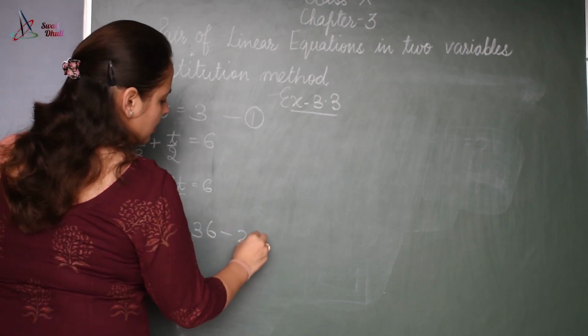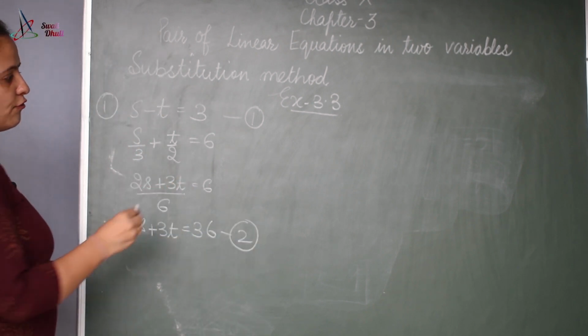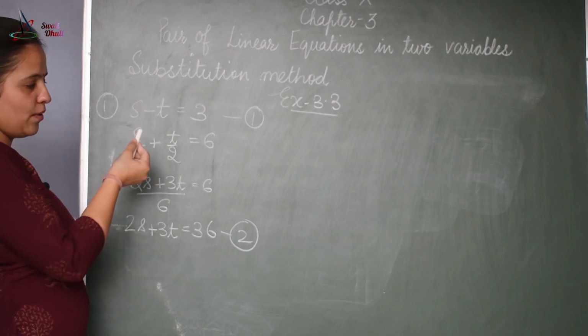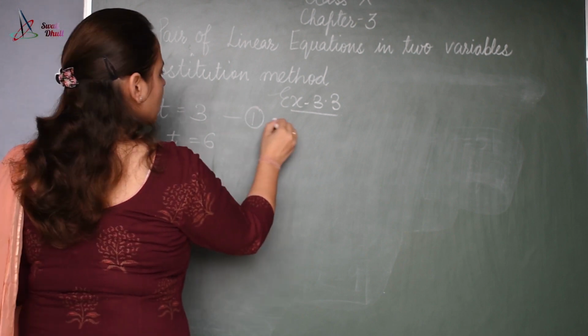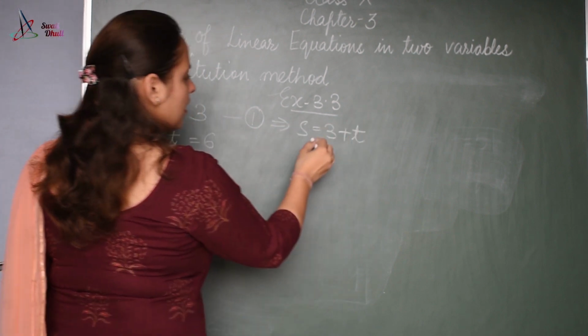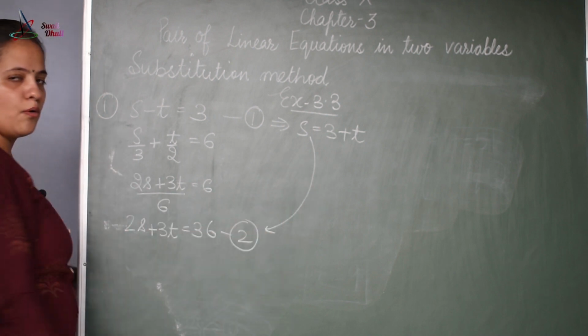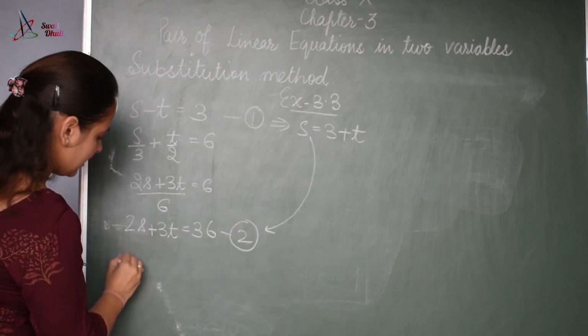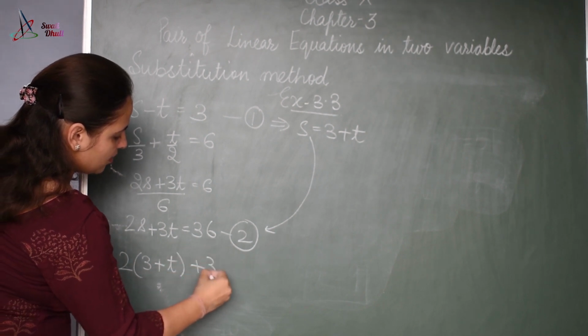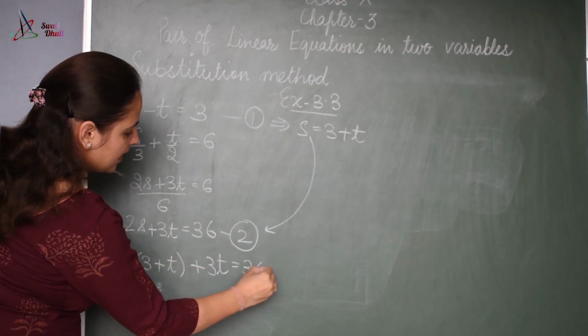Now this is the second equation. Now find out the value of s or t from first equation. If I find the value of s, it will become 3 plus t. Now we have to substitute in equation 2. So 2 times s is 3 plus t plus 3t is equal to 36.